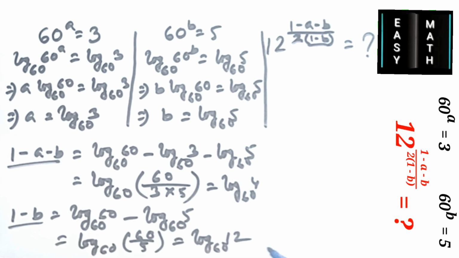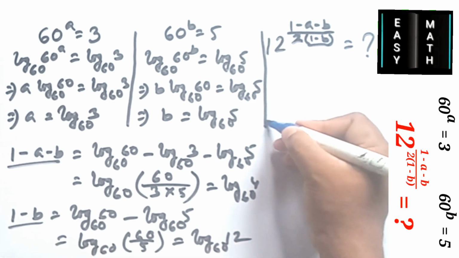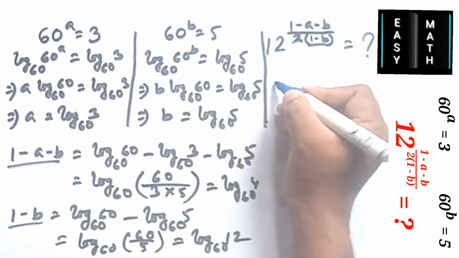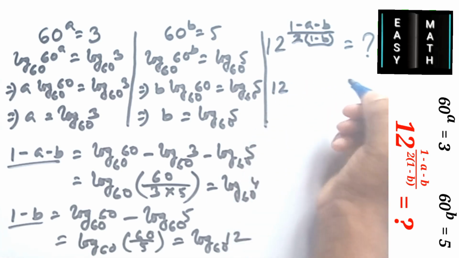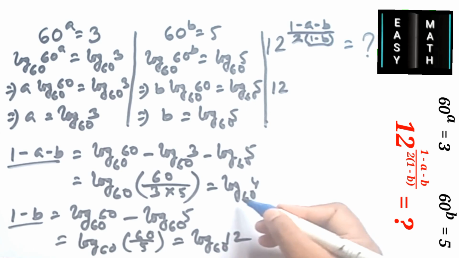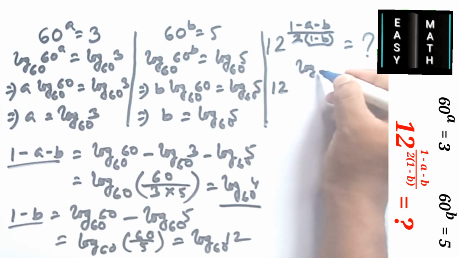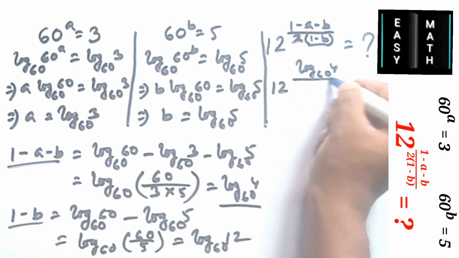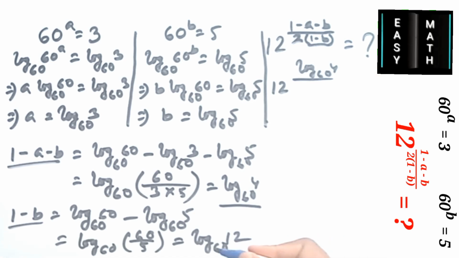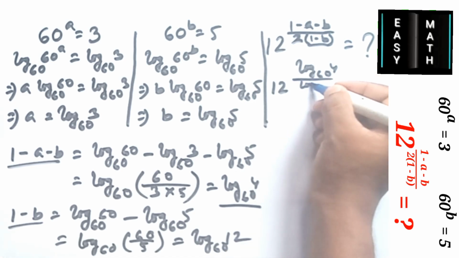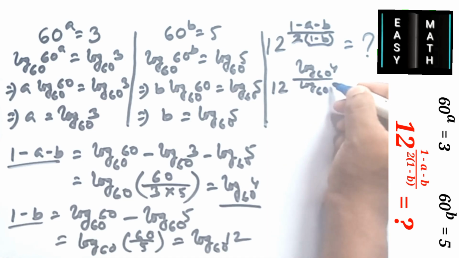Now this is 12, and this value is log 64, divided by log 60 12.